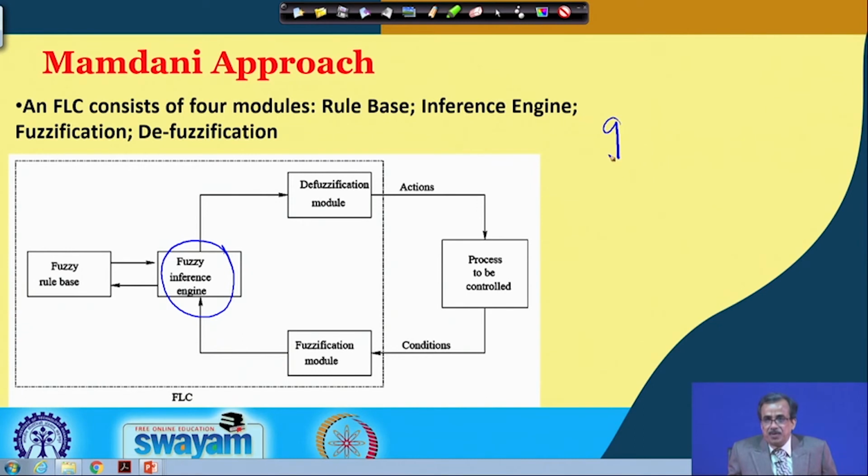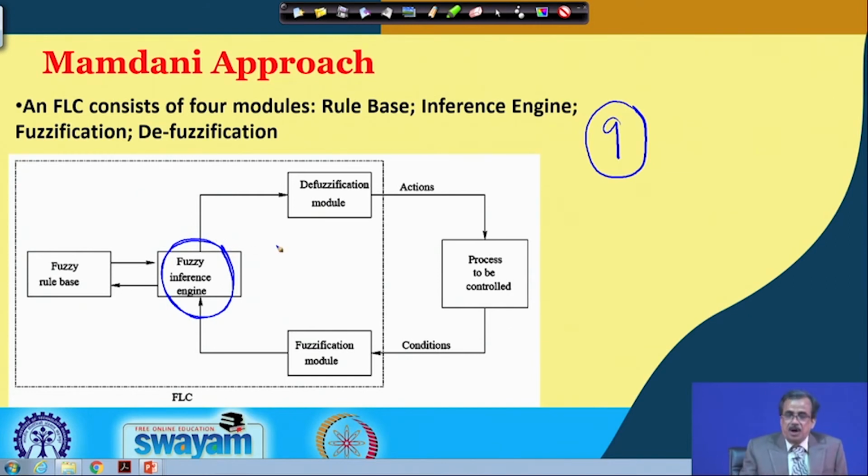Supposing that for a set of inputs at a time, there could be only 4 fired rules. Out of these 9 rules, which 4 will be fired is decided by this fuzzy inference engine.